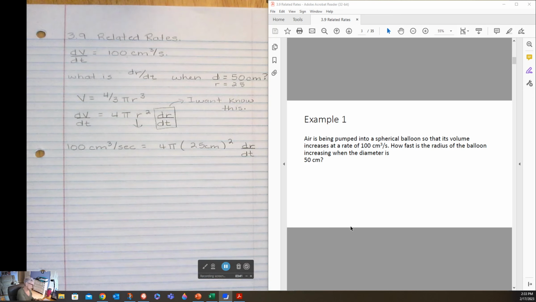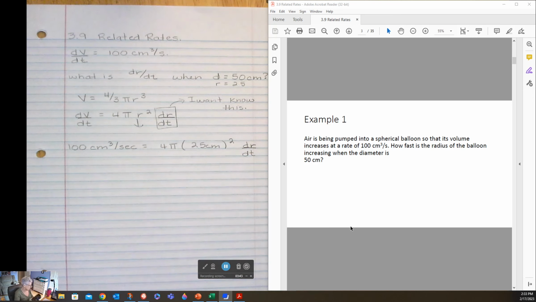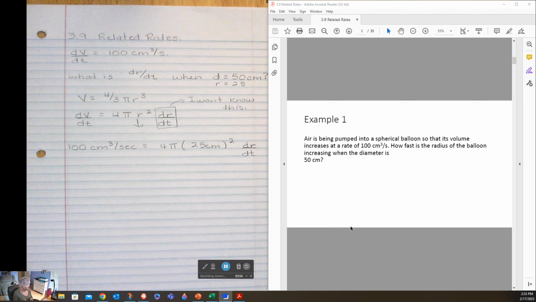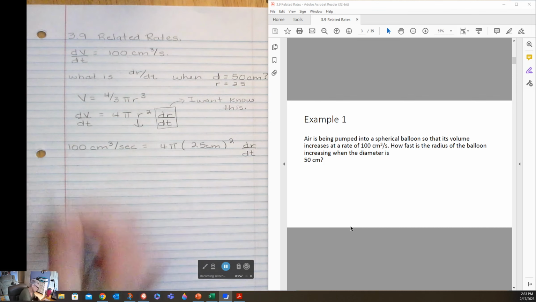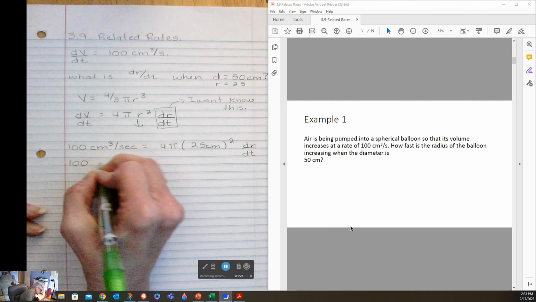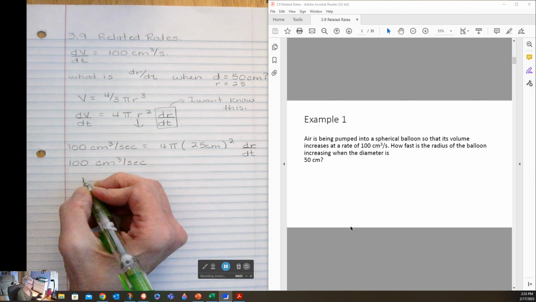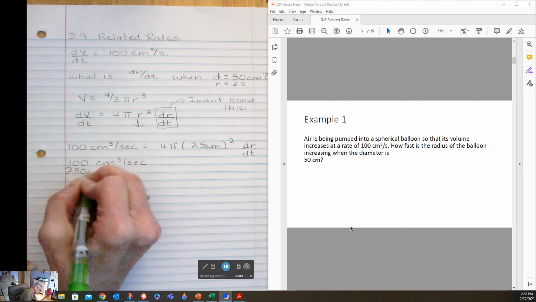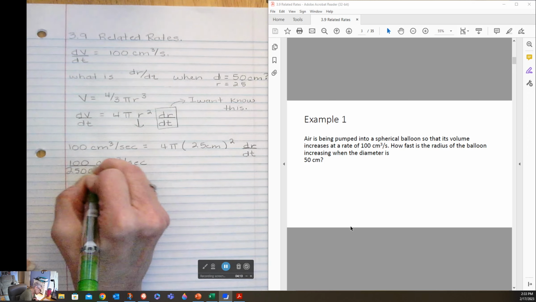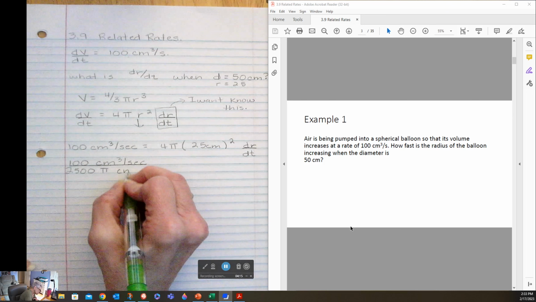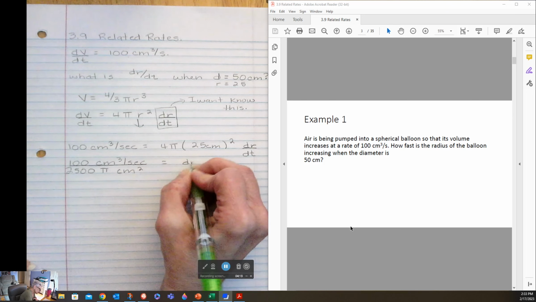Now I can divide both sides by all of this stuff, and I think I'll go ahead and square 25, 625. And let's go ahead and multiply it by 4, 2500. So that gives me 100 centimeters cubed per second over 2500 pi, and I have centimeters times centimeters, so that's just centimeters squared, is equal to dr/dt.